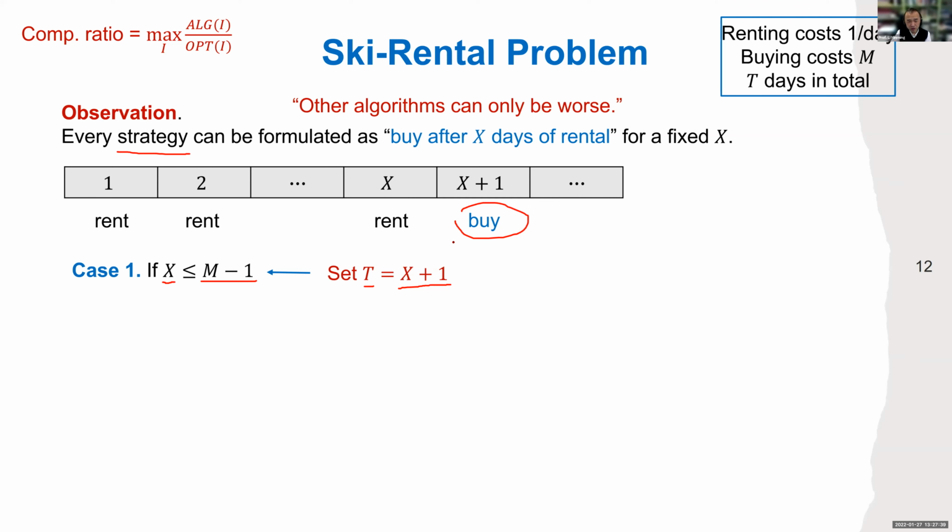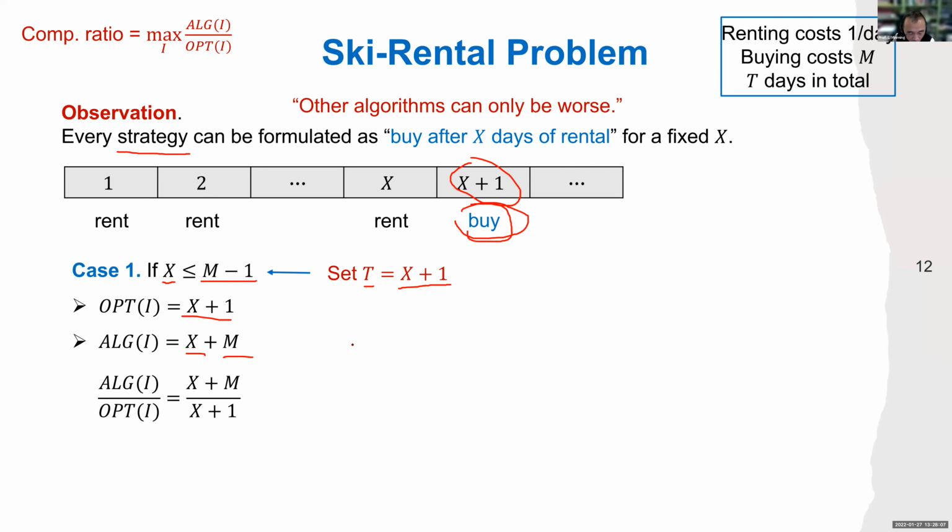So in this case, what's the ratio? Well, optimal will be x plus 1. Optimal means you still rent for one more day, right? Optimal will still keep renting on this day, but you buy it. So optimal is x plus 1, and your algorithm is x plus m. So the ratio is x plus m over x plus 1, right? What's this value? It's larger than or equal to 1 plus m minus 1 over x plus 1.